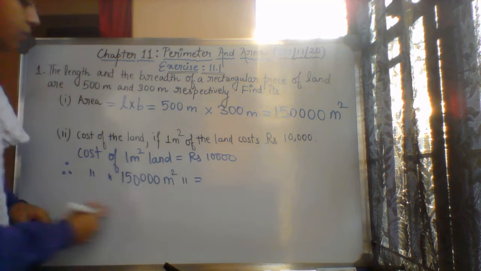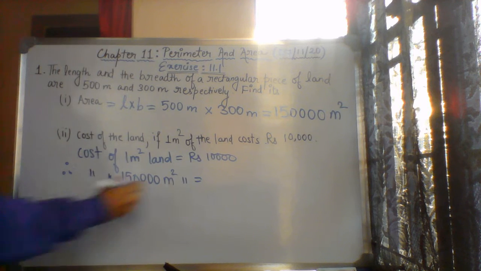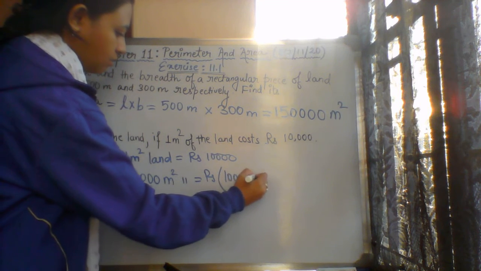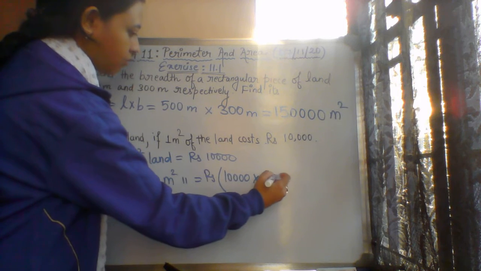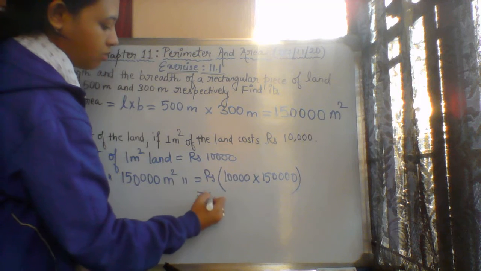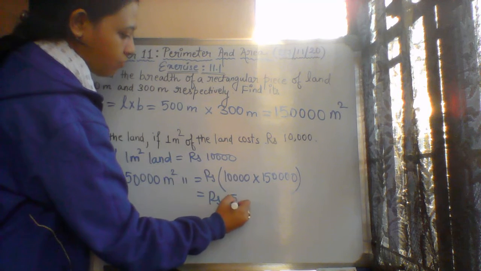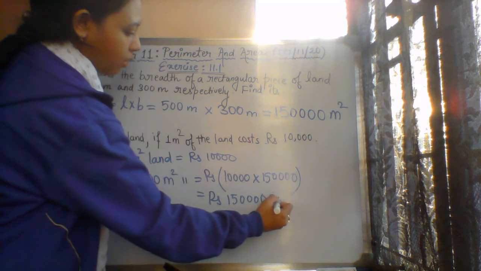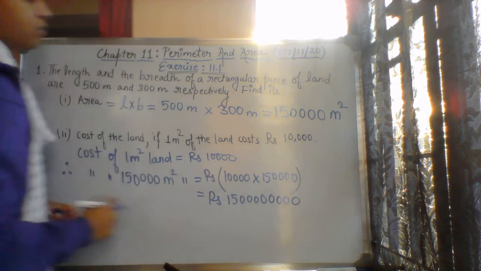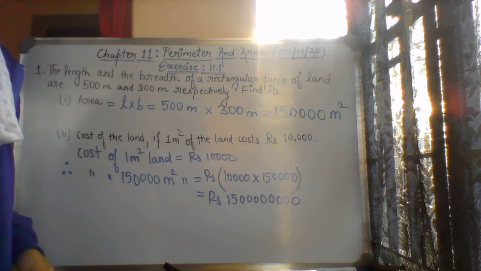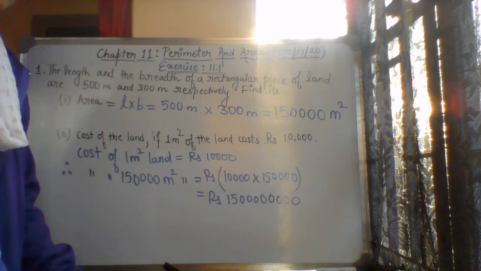That much land will cost rupees 10,000 multiplied by 150000, which will be equal to rupees 1500000000, that is 1 5 and then 1 2 3 4 5 6 7 8 zeros. So that much cost will be there. Okay, I hope this question is clear to you and the concept is also clear.